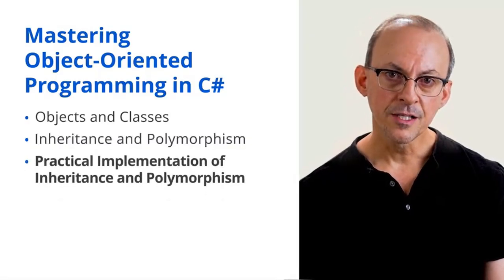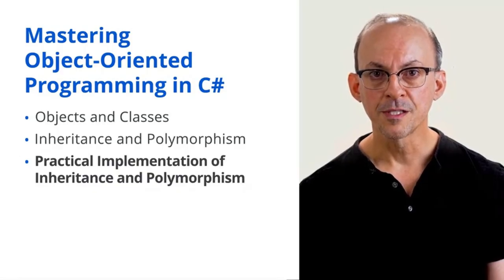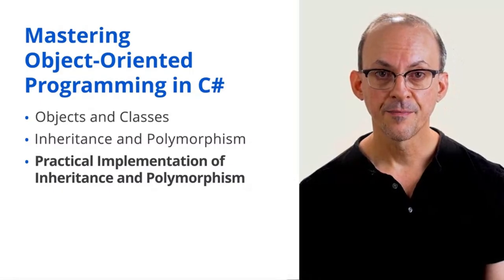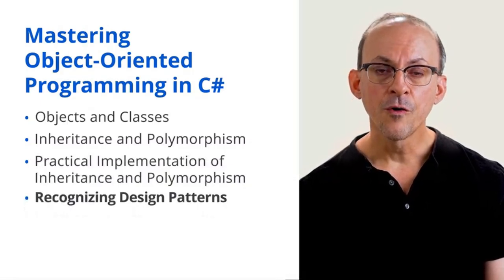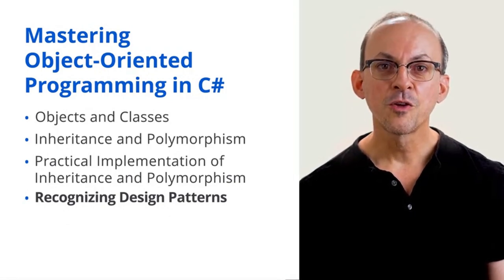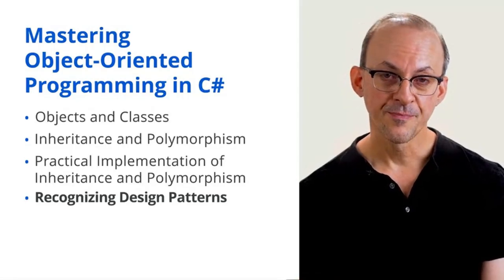Then we used practical examples in C# to show how these concepts operate in real-world programming situations, providing hands-on practice to reinforce your understanding. After that, we examined common design patterns in OOP, focusing on how they solve frequent development challenges. You learned the best practices for effectively applying these patterns in different situations.